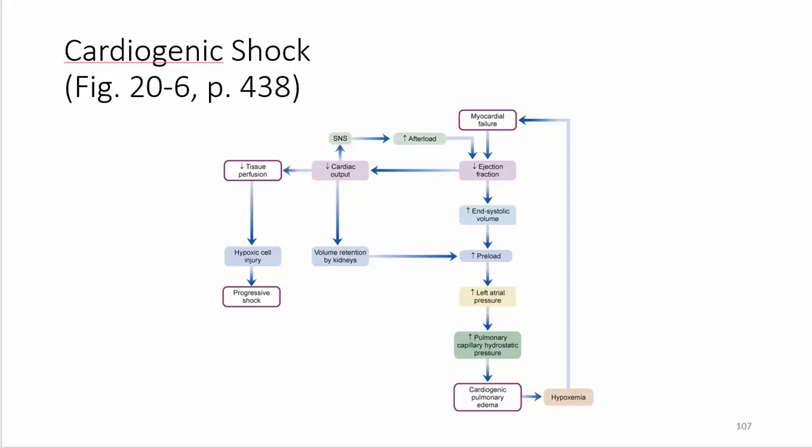You get pulmonary edema, hypovolemia, which then hurts the myocardium more. So you get an increased afterload, and so on. And if you can follow this all along, where you end up with is progressive shock.